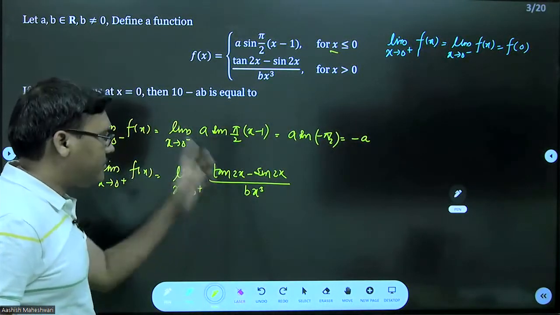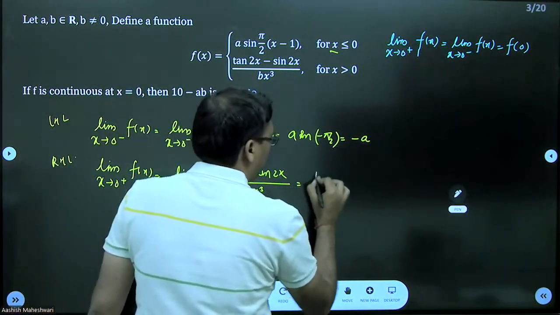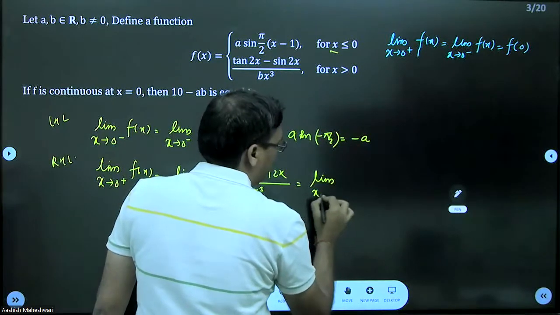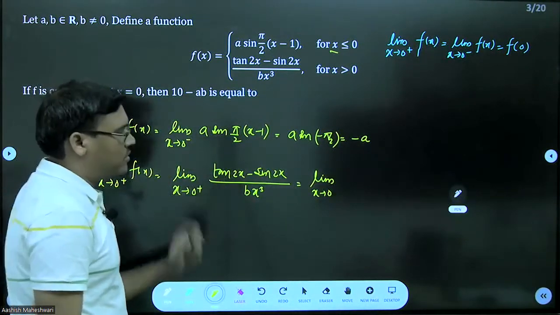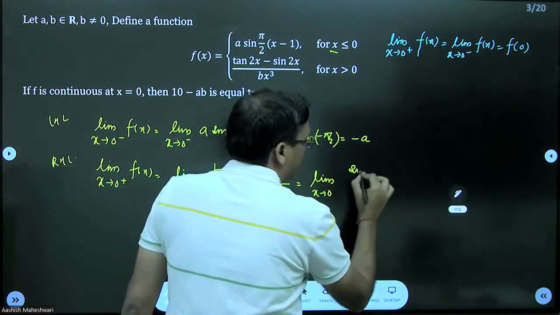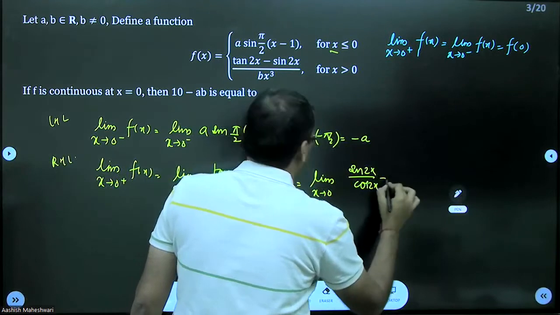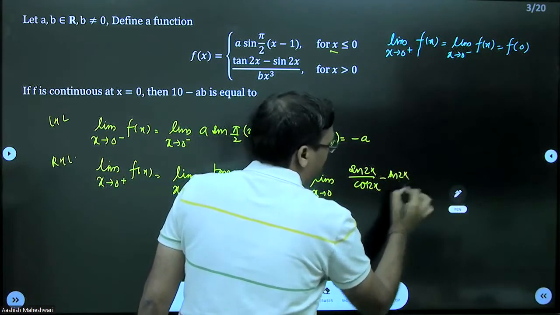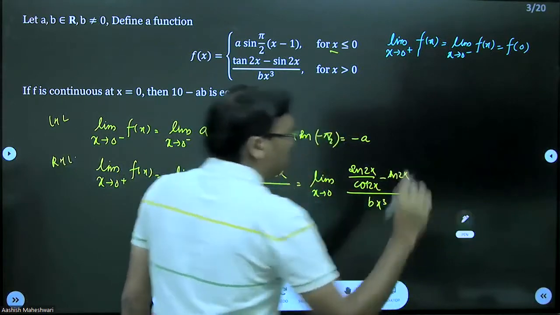Now see, how will you find this limit? You can see here, this is limit x approaches 0, sin x upon cos x, let's make it sin x upon cos x. This is sin 2x divided by cos 2x minus sin 2x divided by b x cube, right?